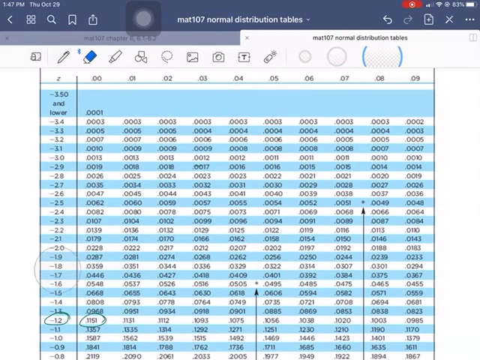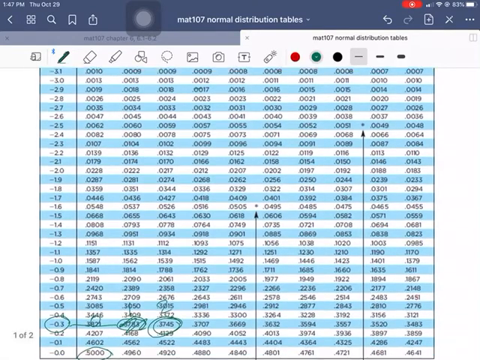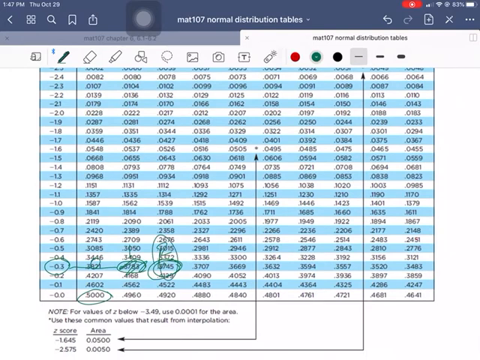Let me erase some other stuff that's been on here. I'm going to the center here, so I'm looking in the center. Think about it. It's to the left of 0, so it's at least a 1, I would think. But look at the numbers in the center of the sheet here.